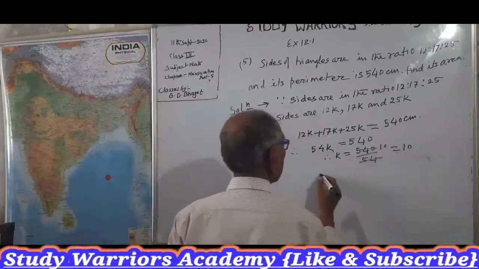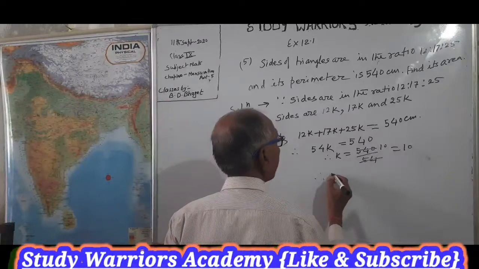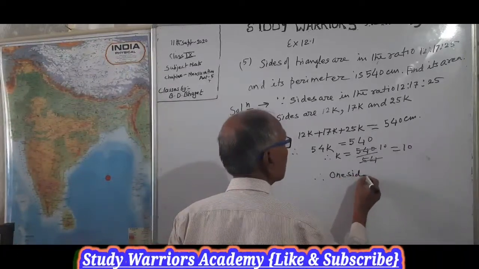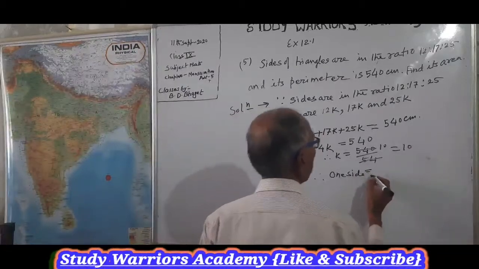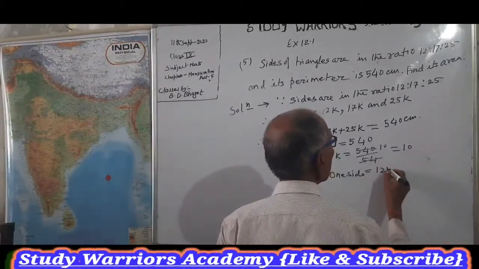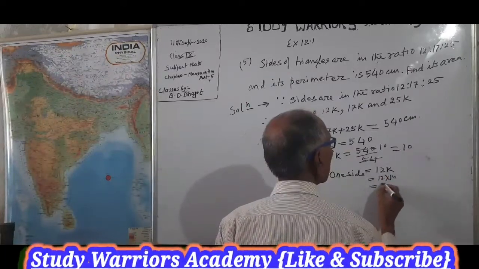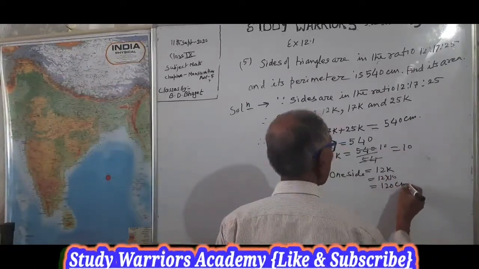Therefore, sides are, one side is equal to 12k, is equal to 12 into 10, 120 centimeter.